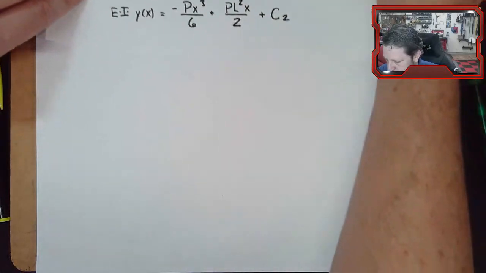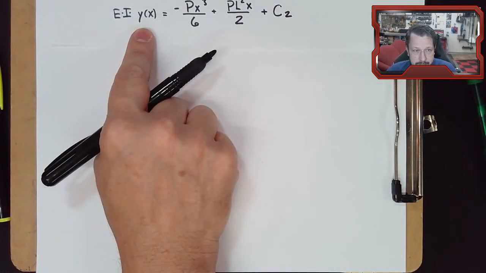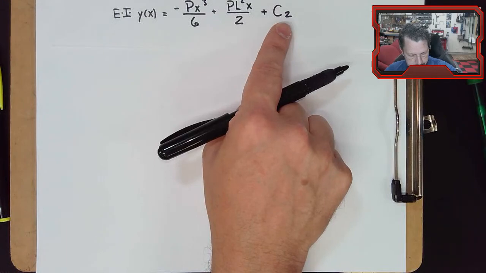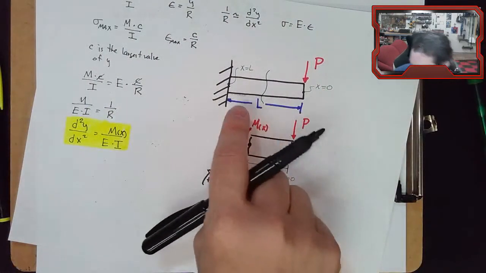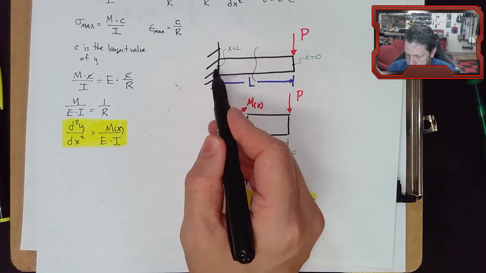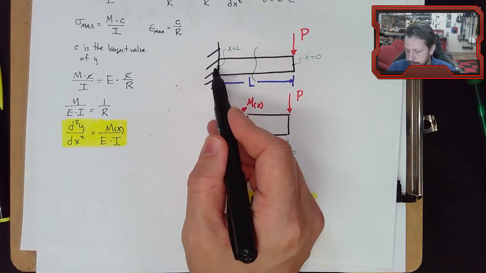So here, I need to know something about y of x in order to solve for this constant. So back on our page that had here, I know, again at the wall, at x equals L, that there's no y of x. There's no deflection right there.